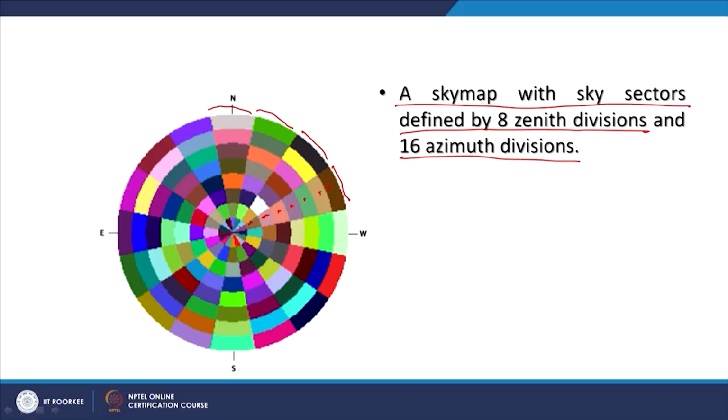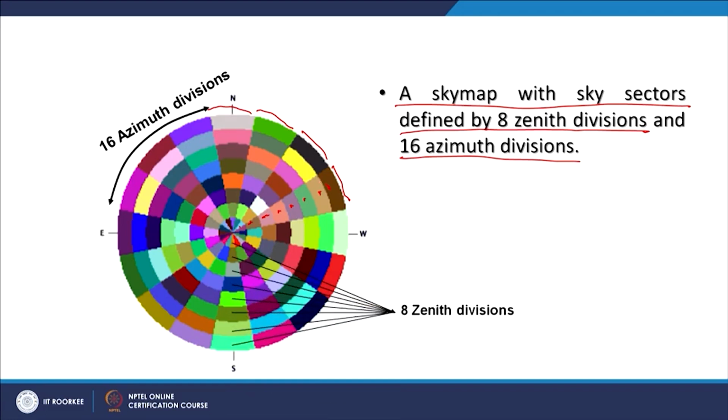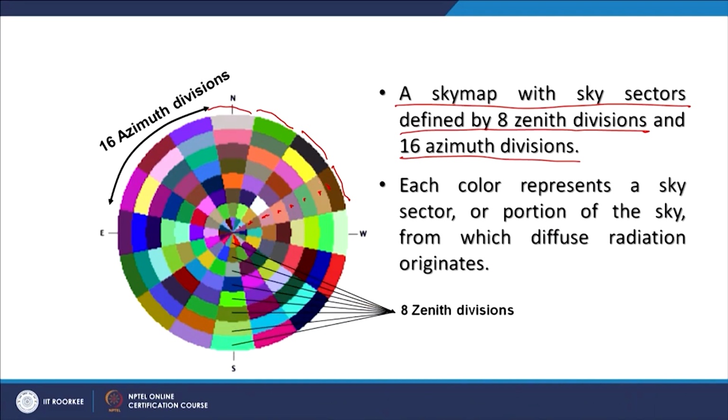So these are the 8 divisions. Now you have a sky map, a sun map and a view set. The only thing is that these now have to be combined. Each color you are seeing in the left image is a sky sector, or a portion of sky, from which diffuse radiation originates.